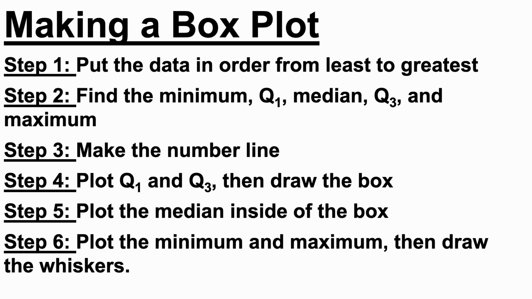Then we're going to make our number line. We start off by plotting our quartile 1 and quartile 3, and then we draw a box between those two. Then we plot the median inside the box. Then we plot the minimum, then the maximum, and then we draw our whiskers. So, let's go ahead and take a look at a set of data and learn how to make these box plots.